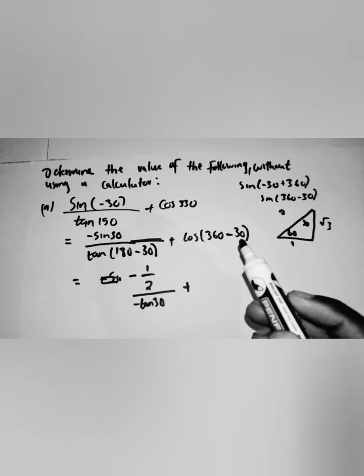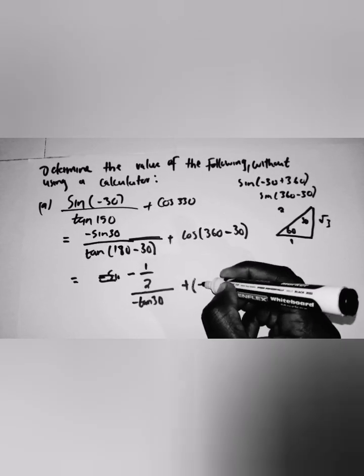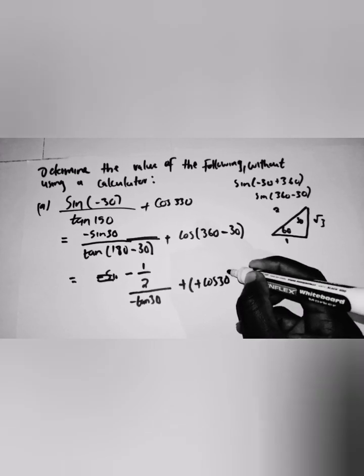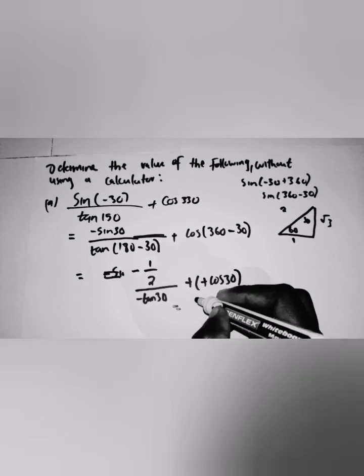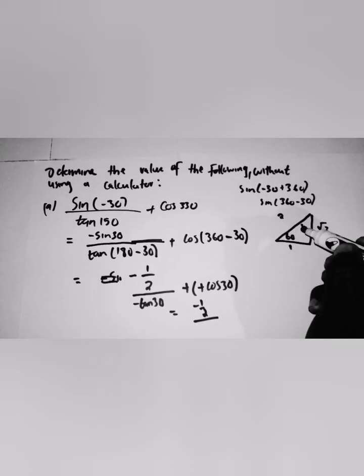Now 360 minus is on the fourth quadrant, therefore we'll have positive cos theta. Why did I put that bracket? It is because sometimes you can get a negative sign there and you're not aware of it. I hope you understand what I did.